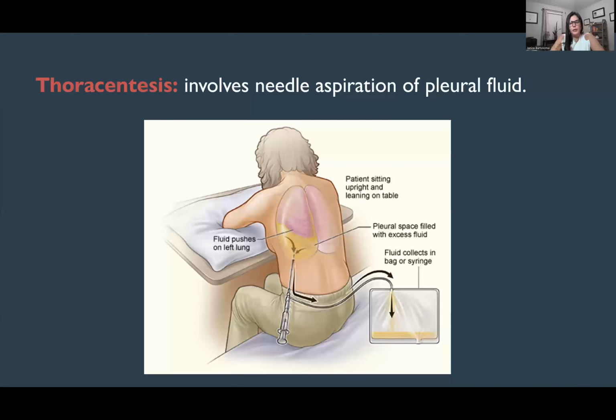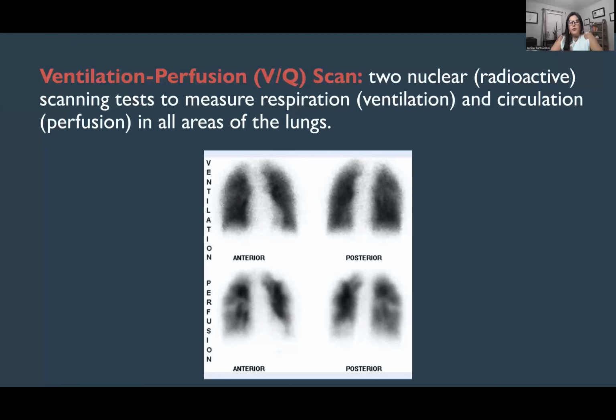Another diagnostic test is a ventilation perfusion scan, or a VQ scan. In here, basically, the patient gets two things in one. They're looking at the ventilation, like how much air is passing, but they're also looking at the circulation, the perfusion of the lungs, within the veins and within the arteries.